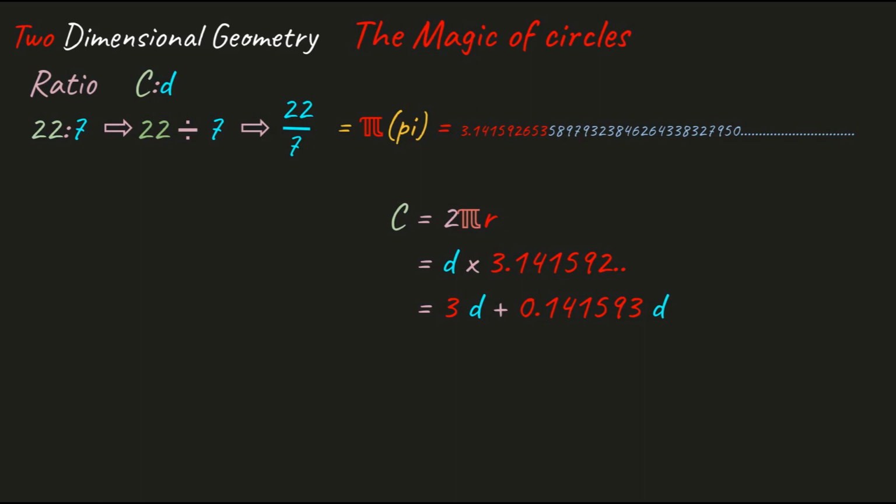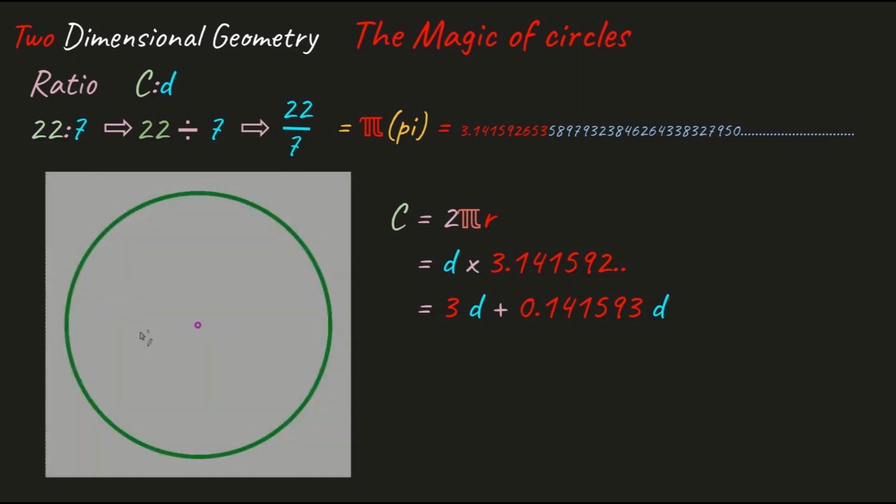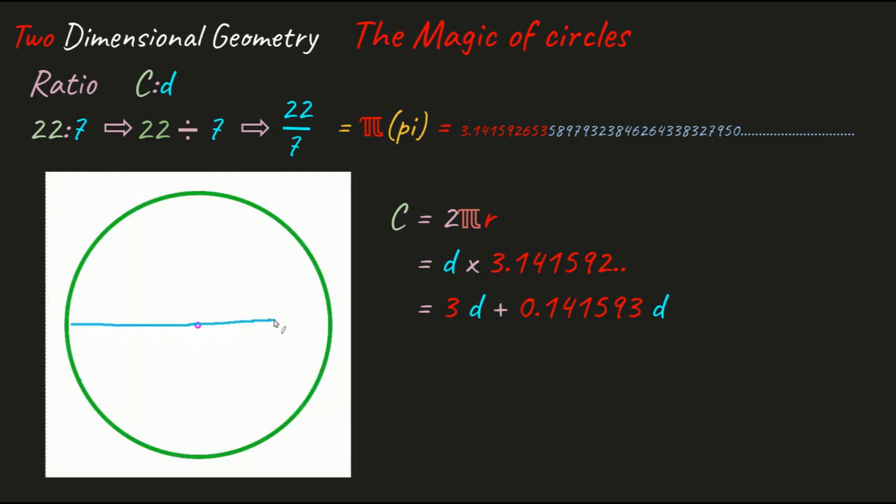Now, if you go back to your circles and you take a piece of string and cut it to the length of the diameter, let's say of the largest circle, then you can follow what I'm going to show you now. You lay it along the outside of the circle until you get to the end of it, and you say that's one diameter.